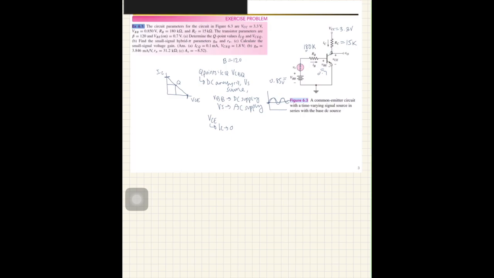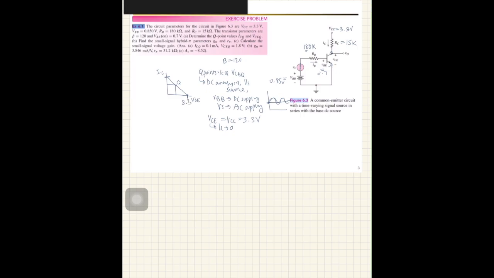Since there's no current, then in RC, V equals IR, so if it's 0 current, the voltage here is 0, so this doesn't take out any of the voltage. So VCE is equal to VCC, which is 3.3 volts. So that's the max value.